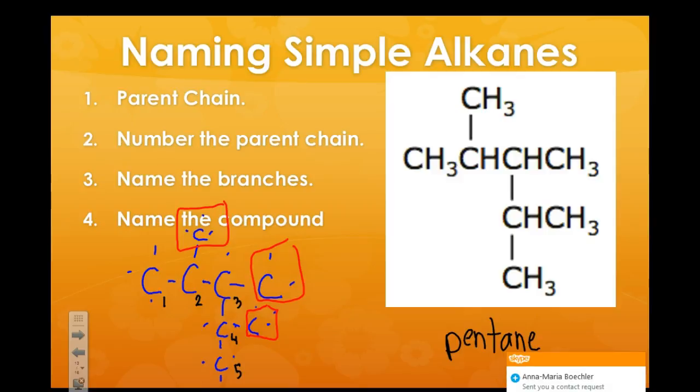Each branch has how many carbons? 1, 1. So what is the prefix for 1? Meth. Methyl. Because there are 3 different 1 carbon branches, we say trimethyl.